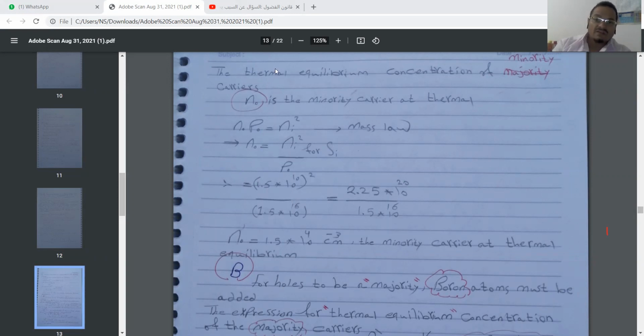We have the result for Ni of silicon at room temperature equal to 1.5 times 10 to the 10, and the P naught like we calculated here is 1.5 times 10 to the 16. The last result is the minority carrier concentration at thermal equilibrium. Please delete all of this and go to another.